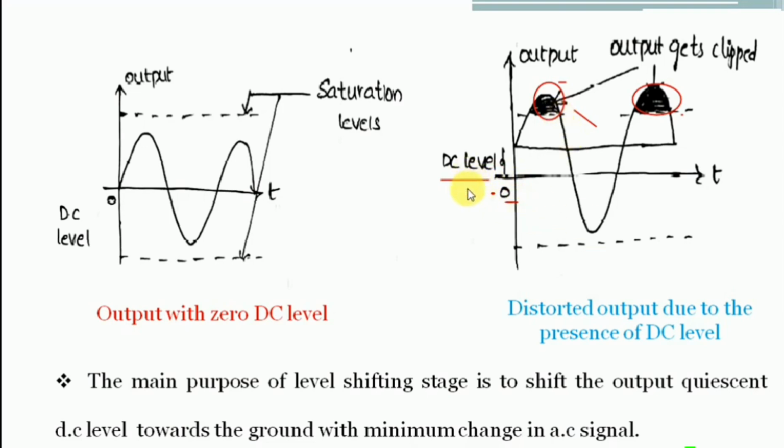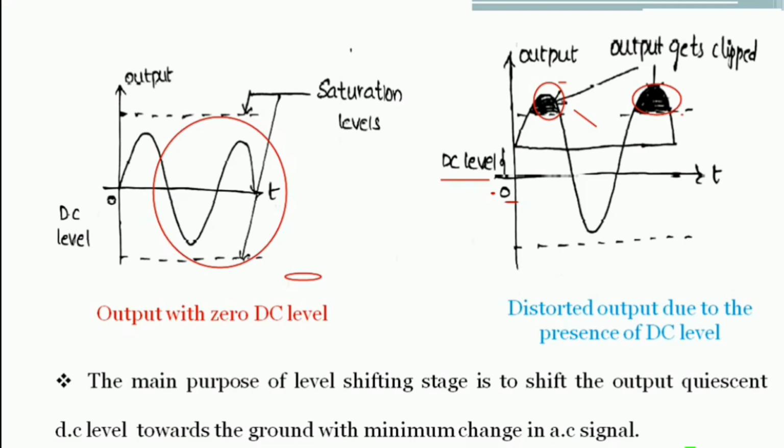If you bring the DC level to the minimum potential, then we can clearly obtain this type of waveform at the output of the level shifting stage without using a coupling capacitor. So the main purpose of the level shifting stage is to bring down the DC level to the ground potential with minimum change in the AC signal.